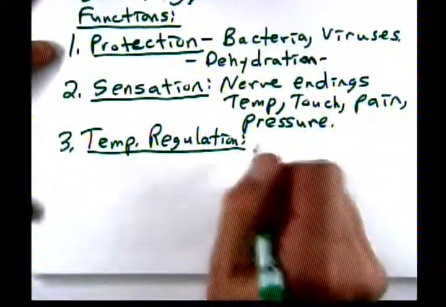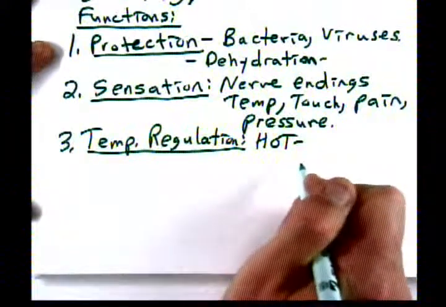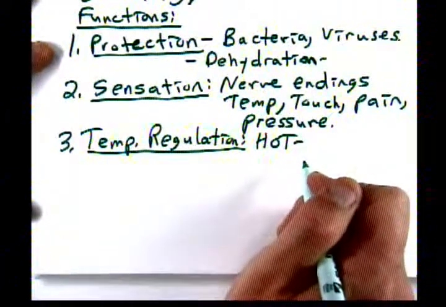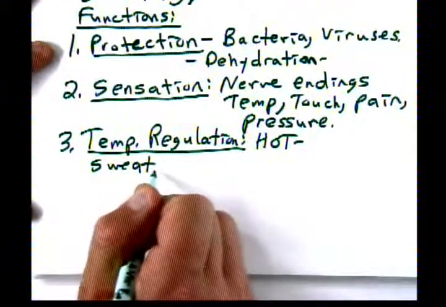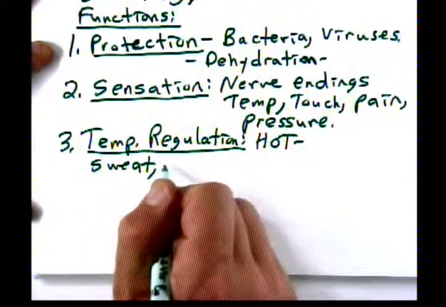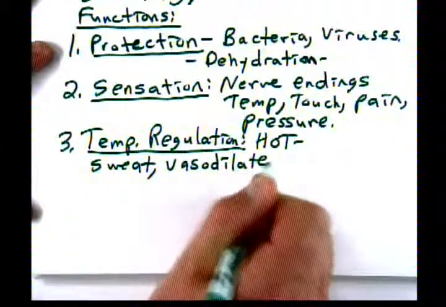And let's say it's another one of these beautiful, hot, 80-degree fall days, all right? Josh, what does your skin do to help keep you cool? Okay? So if we're hot, we sweat, so the sweat glands will start secreting. Also, the blood vessels will tend to vasodilate.